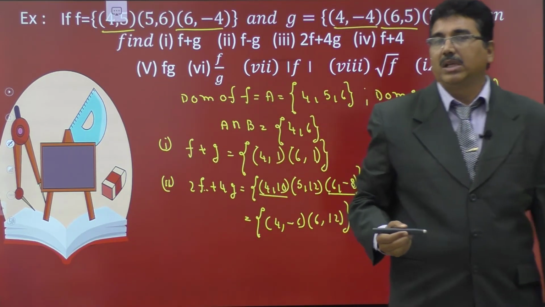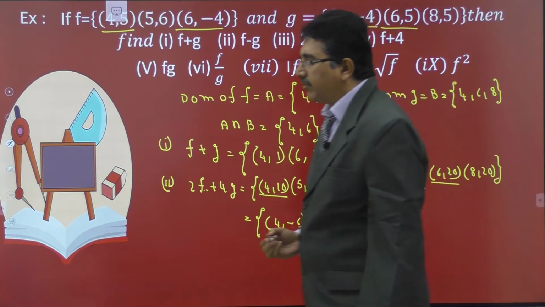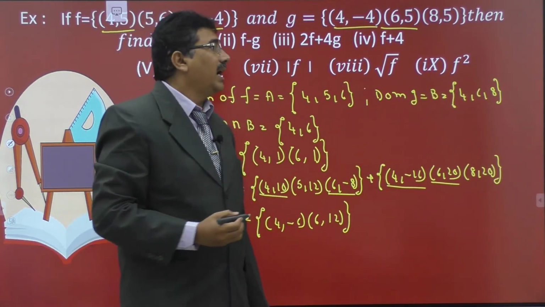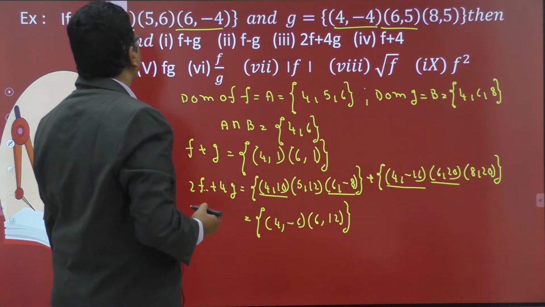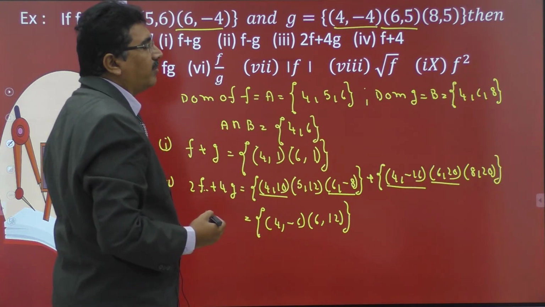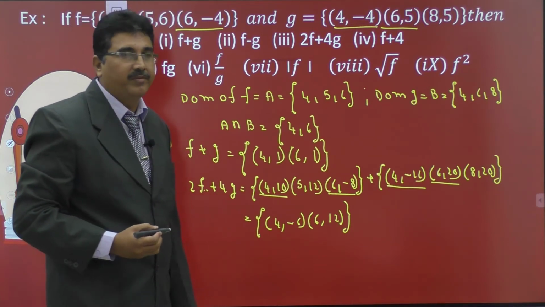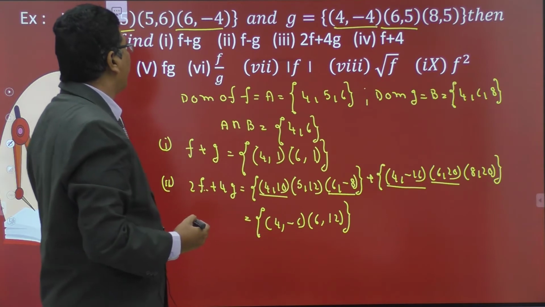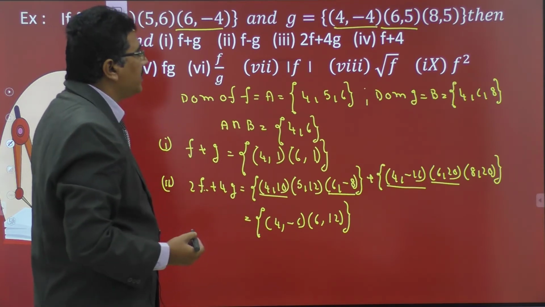Now f plus 4. f plus 4 means adding 4 to the second component of the ordered pairs of f. Now fg.